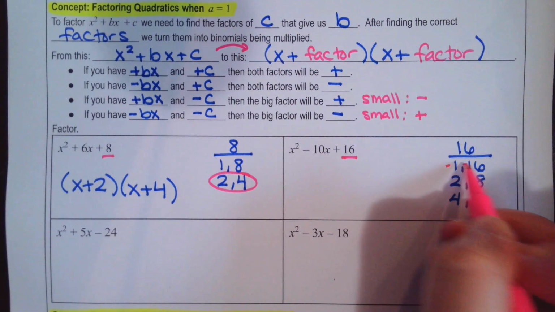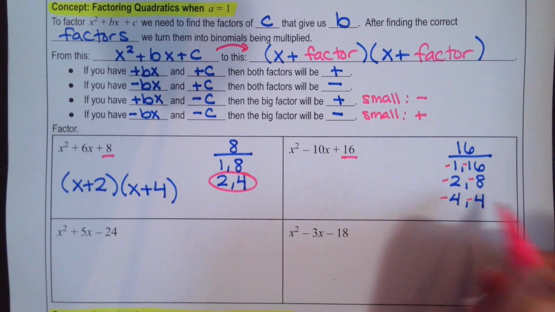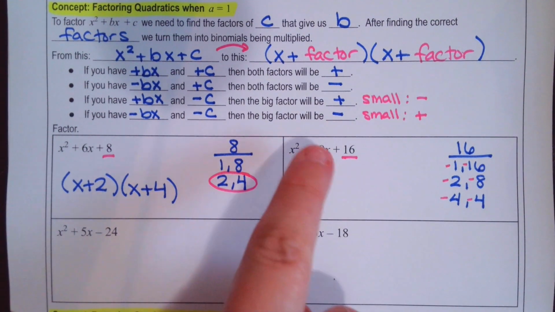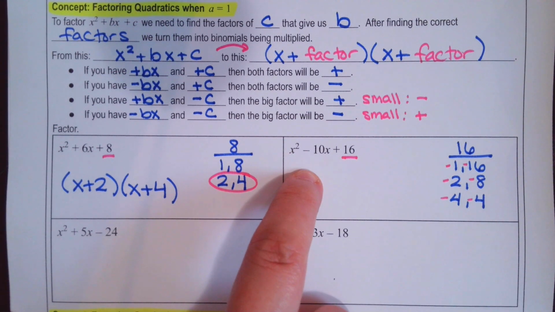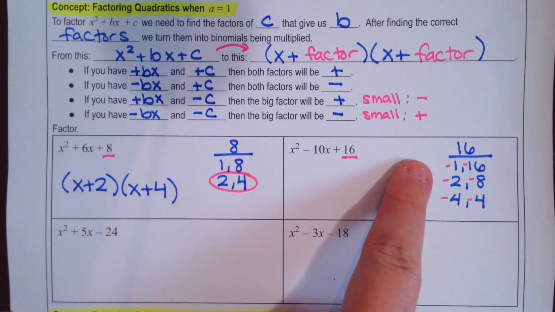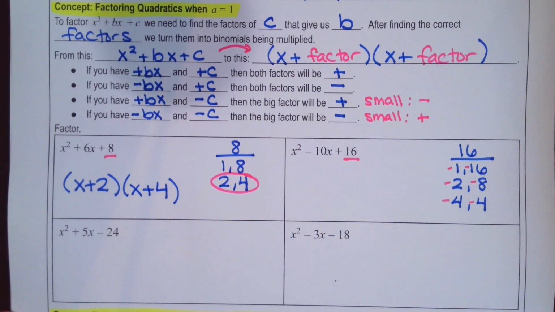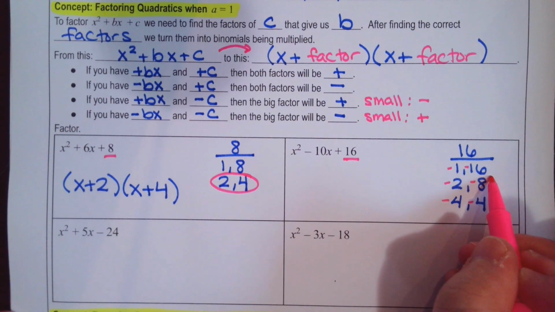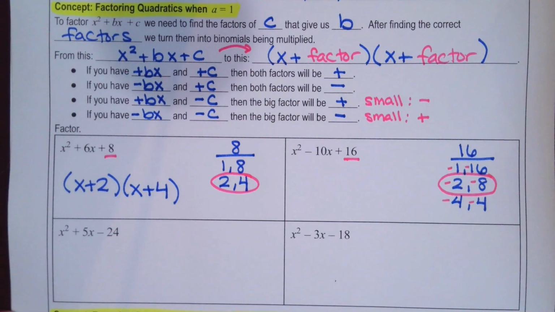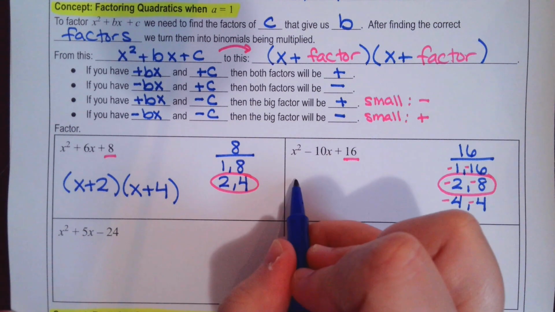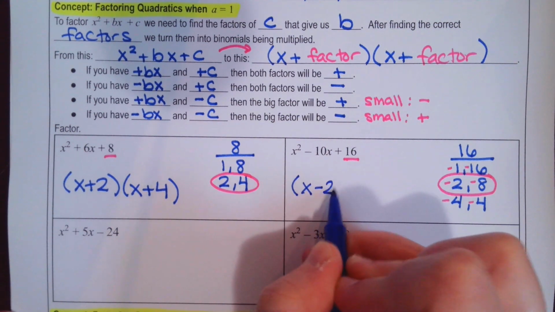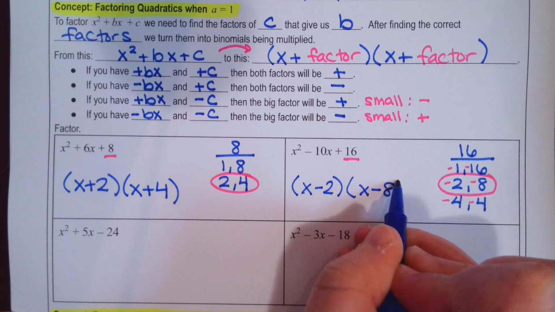So I'm going to add a negative onto all of them. Now, let's find which pair adds up to negative 10. The only pair here that adds up to negative 10 is negative 2 and negative 8. So our factors are going to be x minus 2, x minus 8.